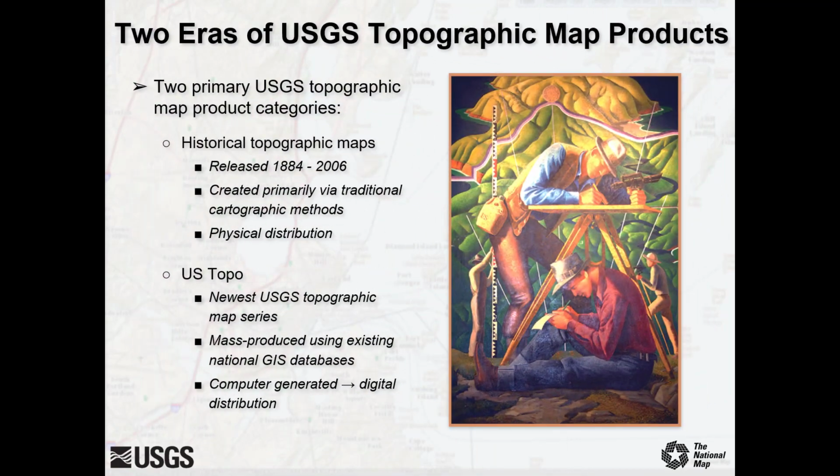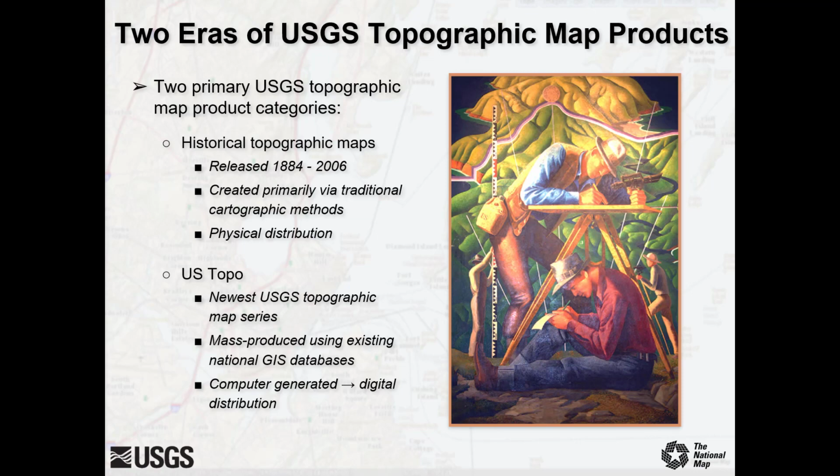USGS topographic maps can be categorized into two primary products. The first is the set of maps released between 1884 and 2006. These older, more traditionally created topographic maps are referred to as historical topographic maps. The release of US Topo, the newest USGS topographic map series, marked the end of that era and the beginning of another for the USGS topographic map products.